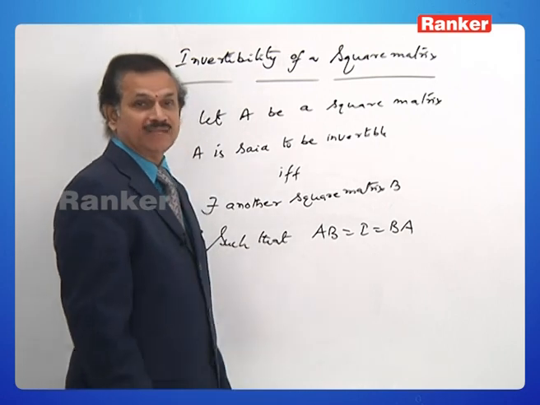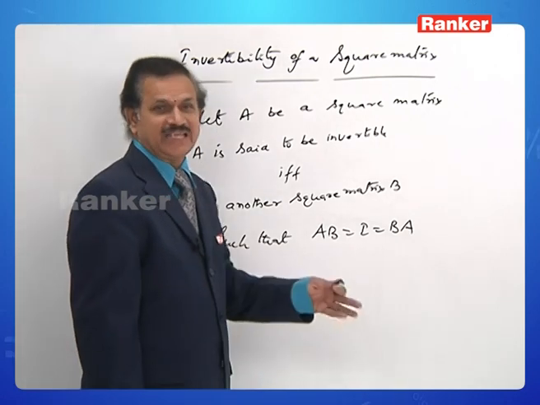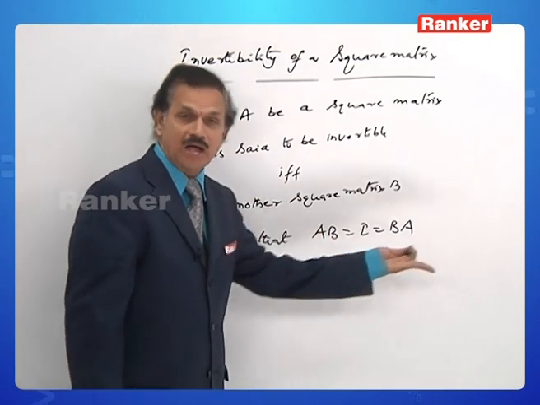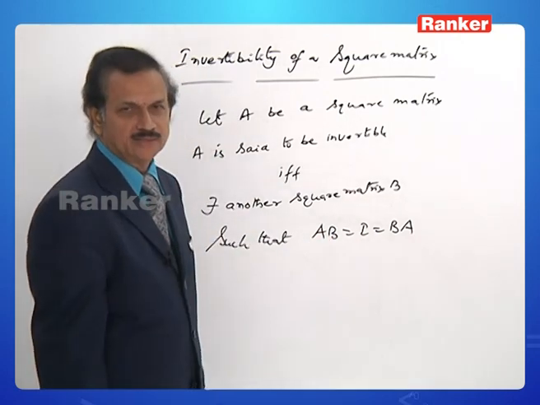Like this, we must be able to see and say that there is another square matrix B such that AB is equal to I is equal to BA.